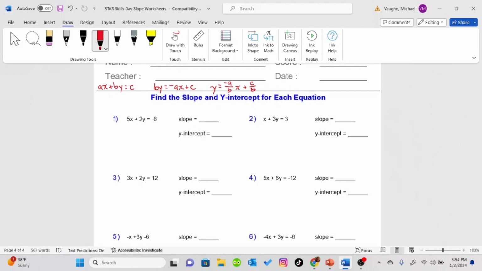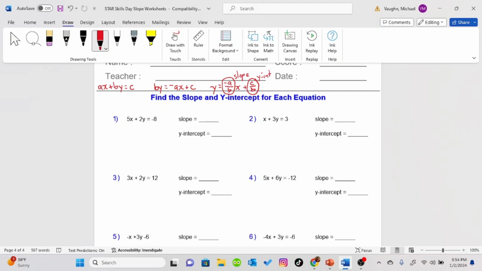So now if you notice, my slope would be right here in front of the x, and my y-intercept would be right here by itself.